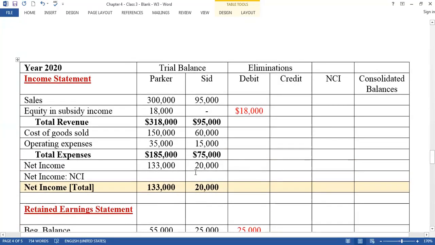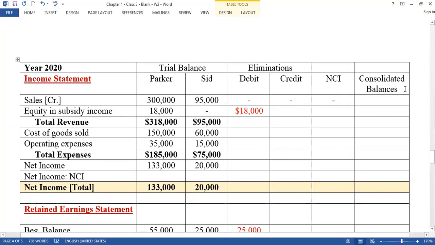Okay, so I am now finalizing this worksheet. In the exam, you don't need to write this, but I am writing something for your reference. We know that the normal balance of sales is credit, right? That means these two accounts are credit, and we don't have anything here.